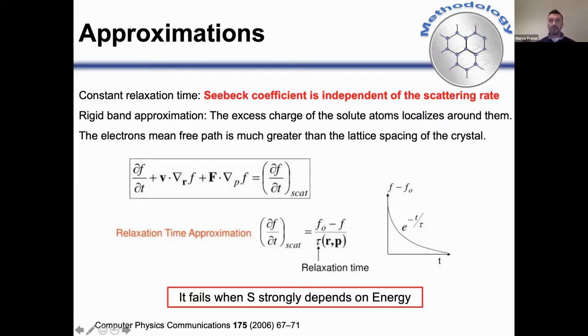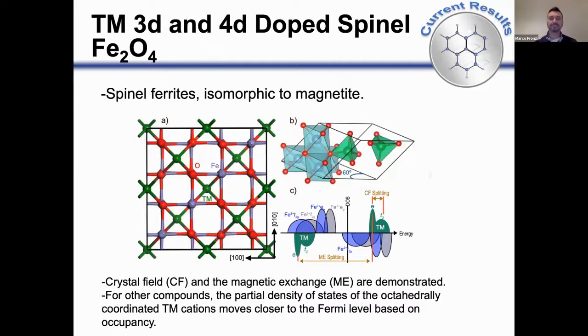Most of the time, this approximation is valid. It's not valid only when the Seebeck coefficient strongly depends on the energy range. But this is true only in very few cases, for example, in the case of lithium, but it's not our case, so this approximation can be considered okay.